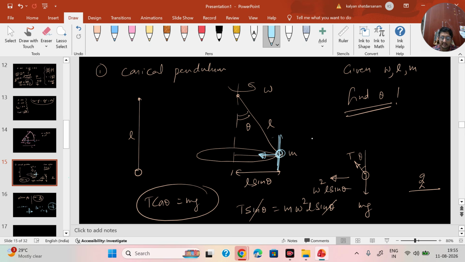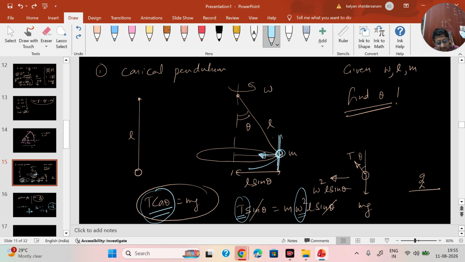So if omega is more, the tension is more, and its vertical component can balance mg. Suppose omega is less, then tension is less. Then tension says, boss, my vertical component cannot balance mg. I cannot hold you, so it will start coming down.